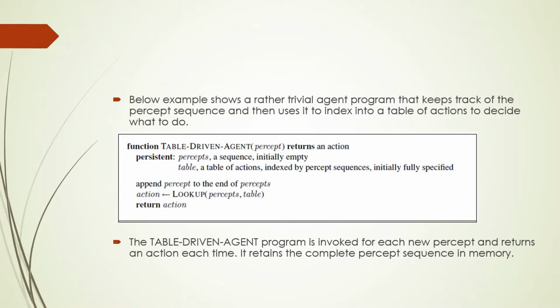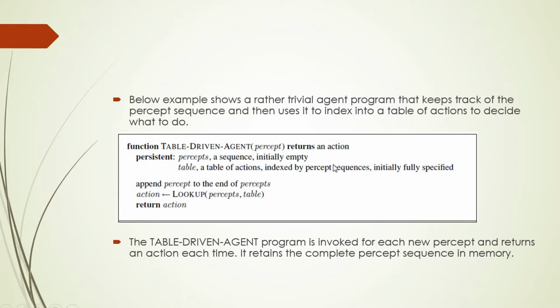The skeleton we have highlighted before takes in a percept from the sensors and returns an action. So this is the function prototype. For example, the function TABLE-DRIVEN-AGENT takes in the percept and returns an action.